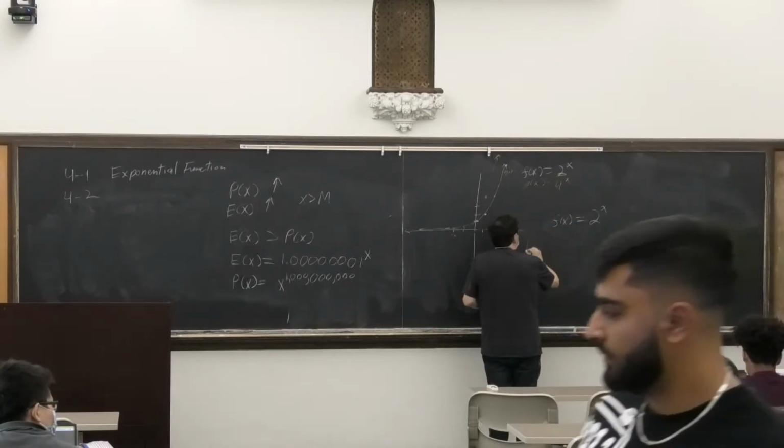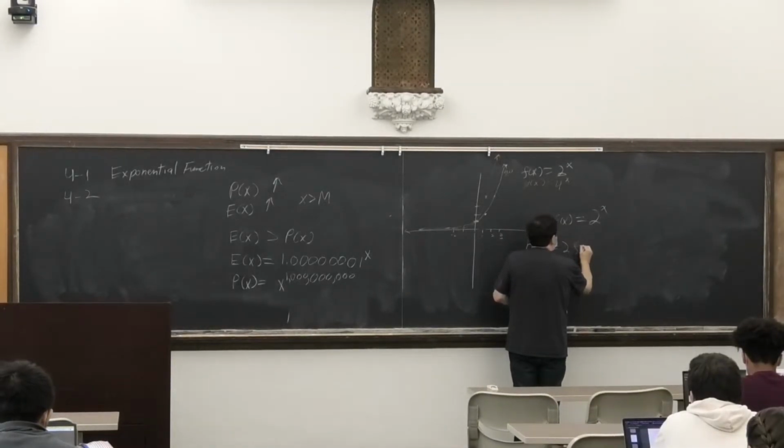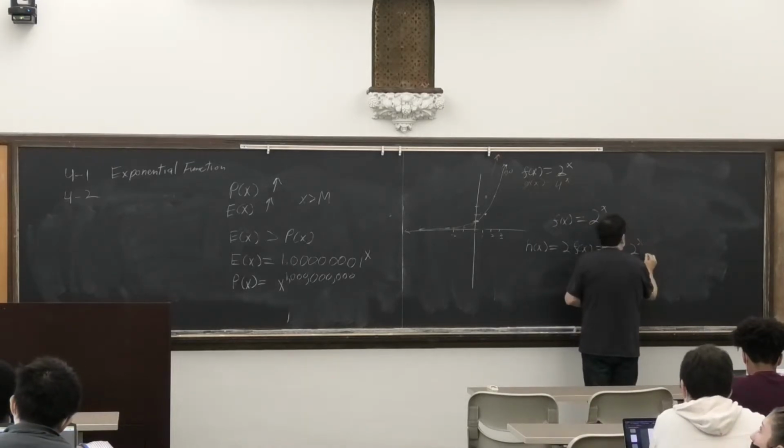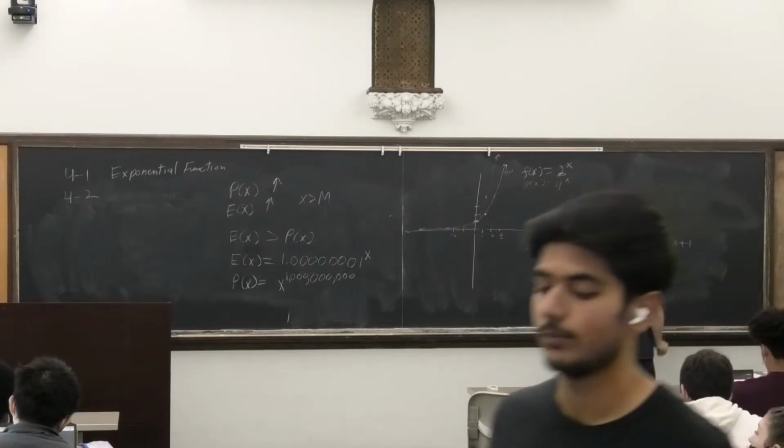I'm going to create some new function, h of x is 2 times f of x, 2 times 2 to the x. Well, let's do 2 to the x plus 1.